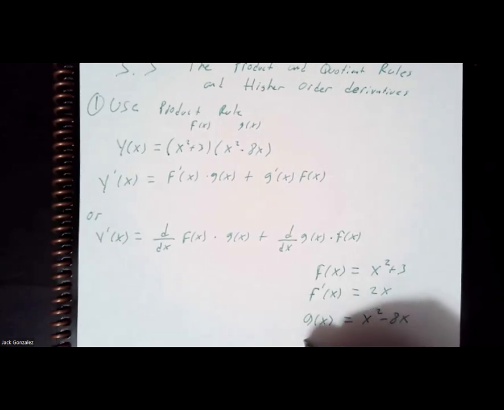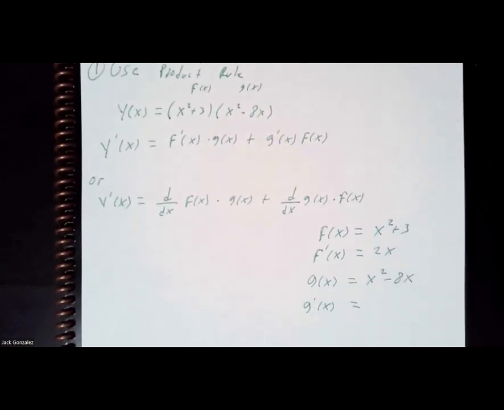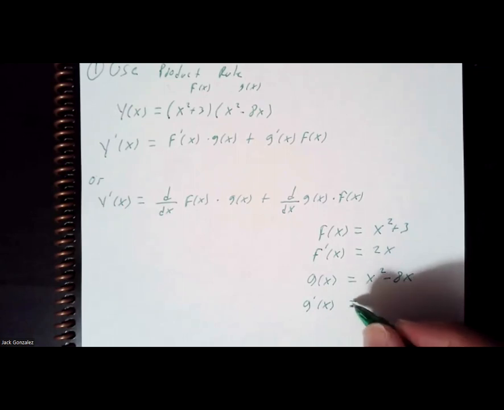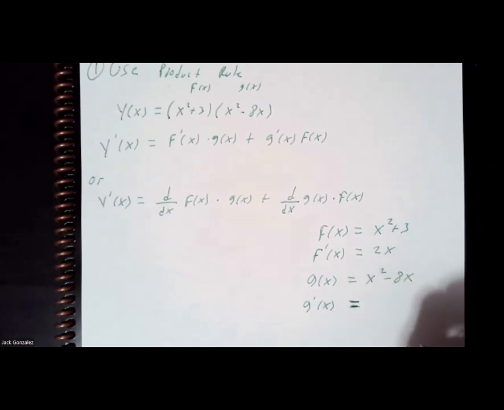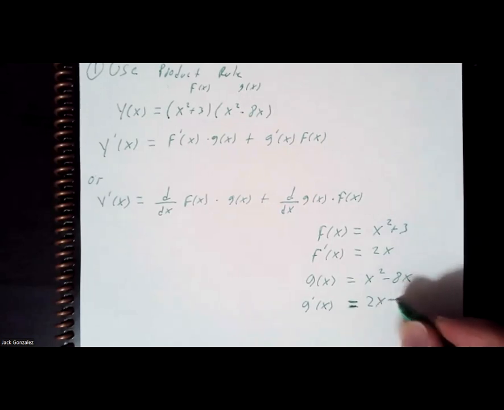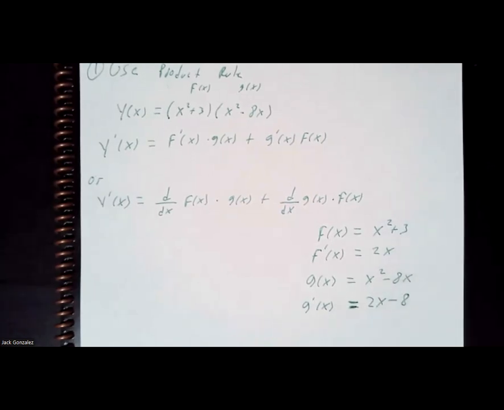Derivative would be almost the same, right? What is this one? Well, pretty close. It's 2x minus, only the 8 is left over. So now just plug these guys in to your formula and you're good.